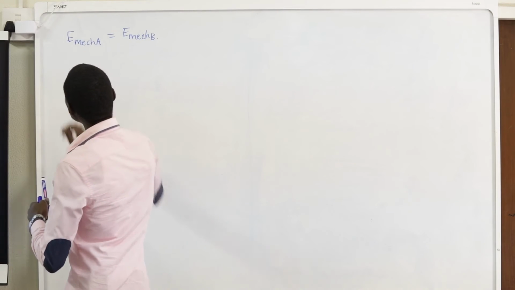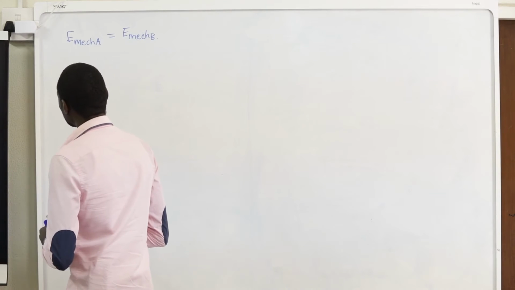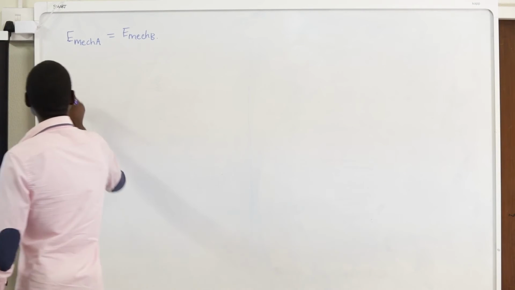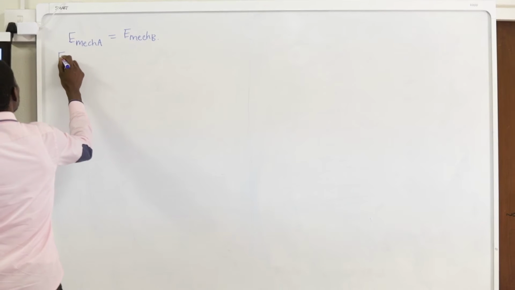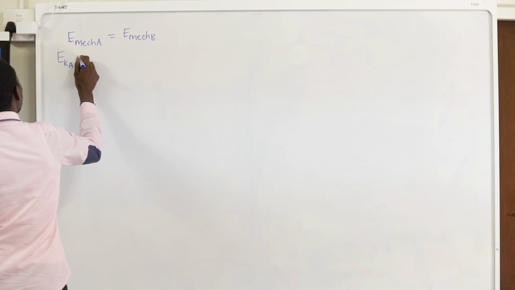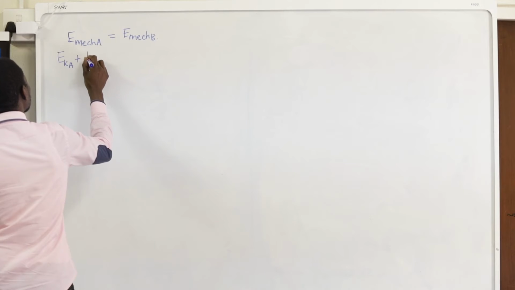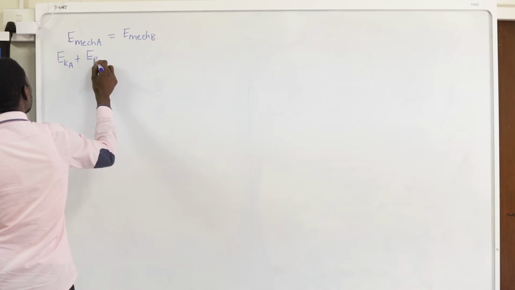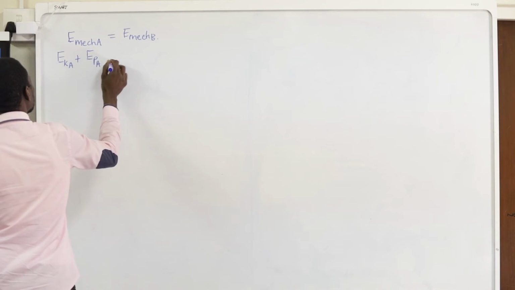But let's put the formula for mechanical energy at A. Mechanical energy at A is kinetic energy plus potential energy.